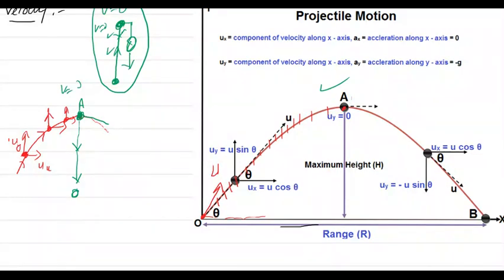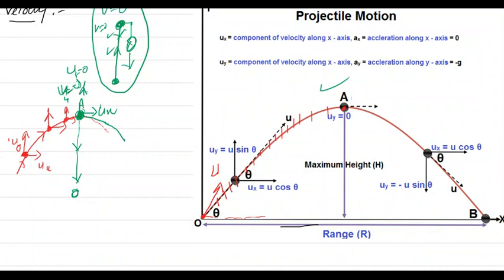It means that from that point, its vertical component of the velocity becomes zero. Because the vertical component becomes zero, there will be no motion in the vertical direction. But at the same time, its horizontal component will exist. Its ux will exist, but its uy will be zero. That is why the object will still continue to move, but in the downward direction.